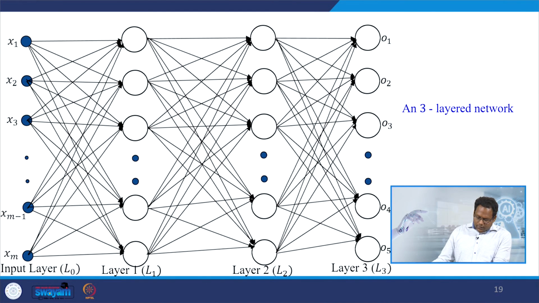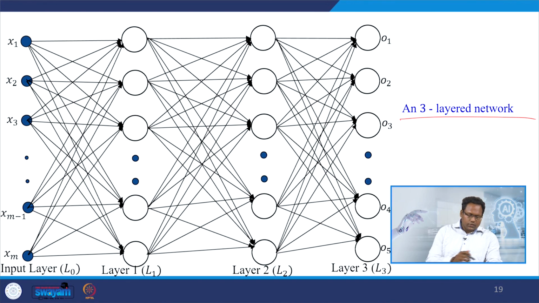Let us see here. Let us consider, to derive this back propagation algorithm, a 3 layered network. X1 to xm is the input layer, where the sources are x1 to xm, which means x is an m cross 1 input vector, and we have 3 layers L1, L2 and L3, where L1 and L2 are the hidden layers and L3 is the last layer called output layer.